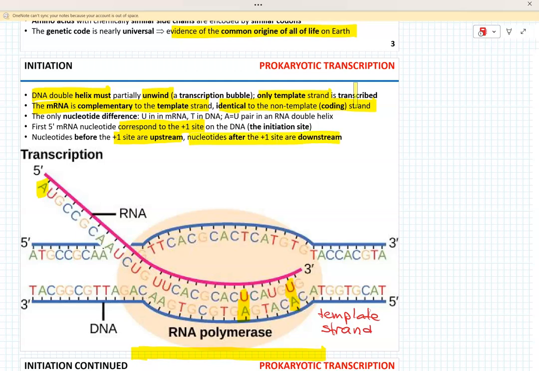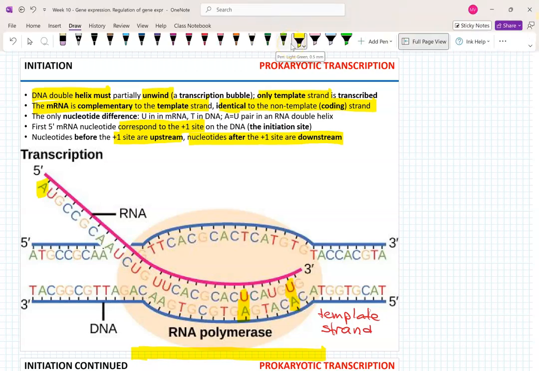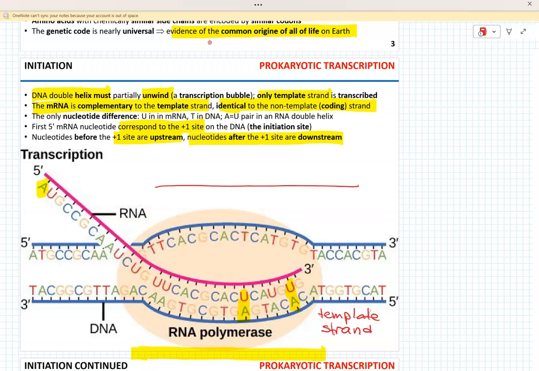Nucleotides that are after the initiation site are downstream. It can be illustrated the following way. If this is the mRNA molecule, this is the 5' end, and this is the 3' end, and this is +1, upstream, downstream.